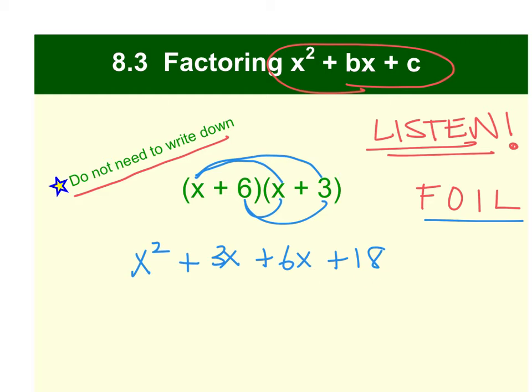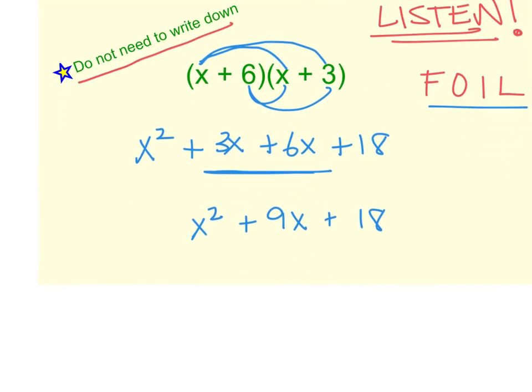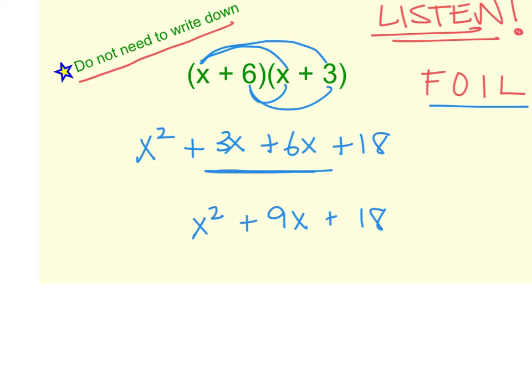We're looking for any like terms to combine. So we have these x's in the middle, this 3x plus 6x, and our final answer is x squared plus 9x plus 18. Okay, so what we want to think about here is, when you're asked to factor trinomials, you are going to be given this x squared plus 9x plus 18.